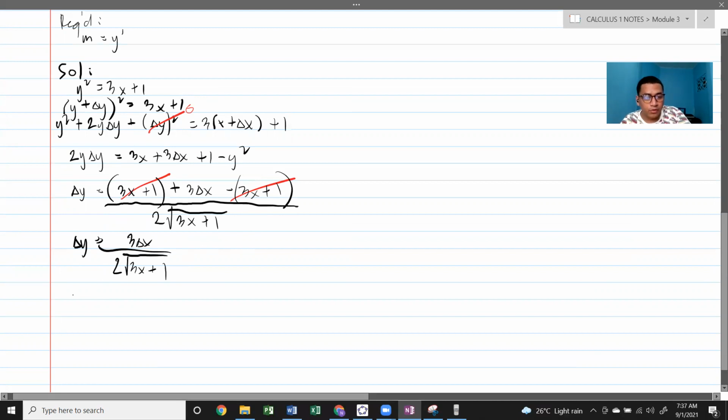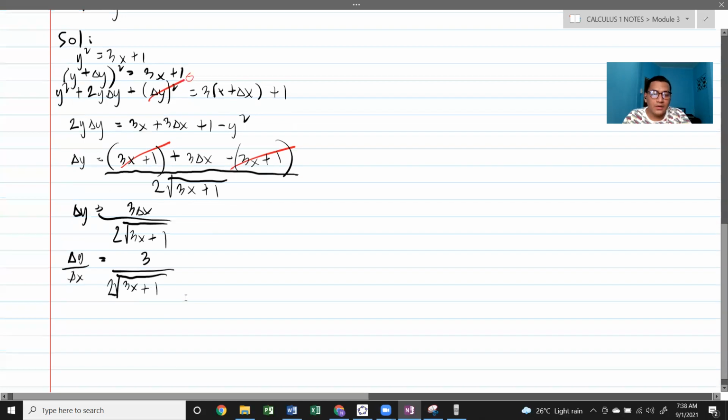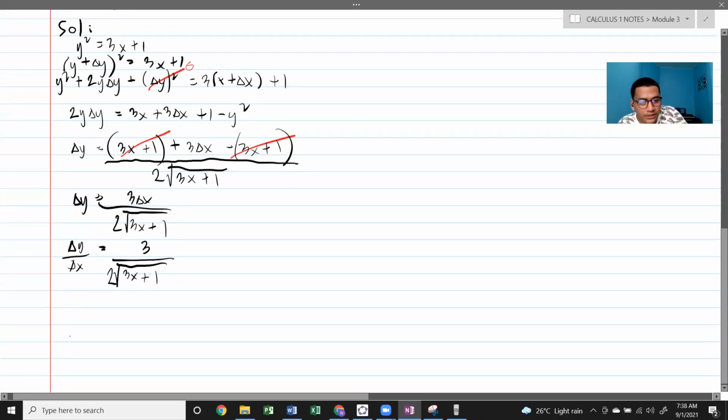Okay, we divide both sides by delta x, so delta y over delta x equals 3 over 2 square root of 3x plus 1. Now, the derivative of the function is equal to the limit of delta y over delta x as our delta x approaches 0.